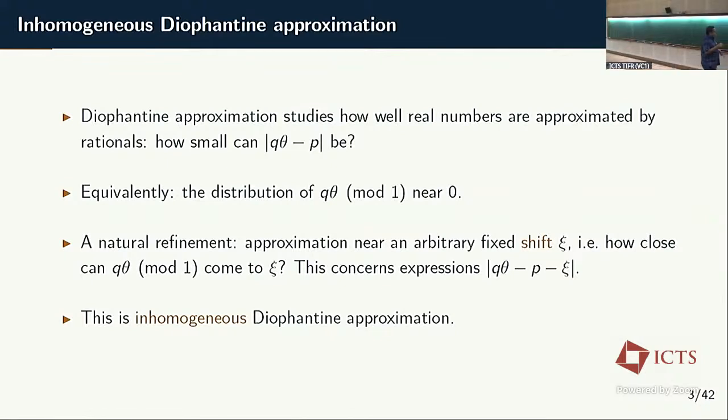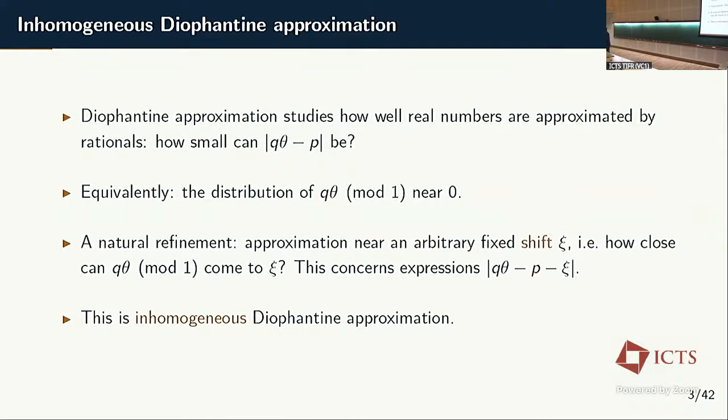So there's a shift to the problem. This shift causes the problem to be called inhomogeneous. That's the inhomogeneous in the title. You can forget about the word as such. It just means that rather than considering theta minus p over q, I'm considering q theta minus p and adding a shift to it. I want this quantity to be small.